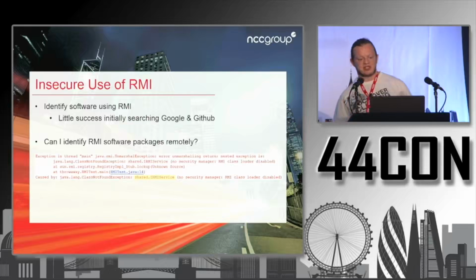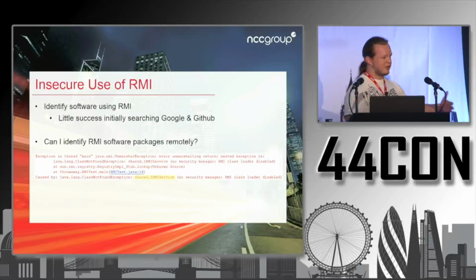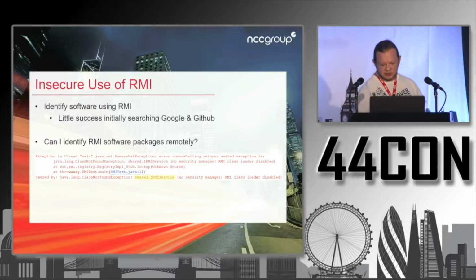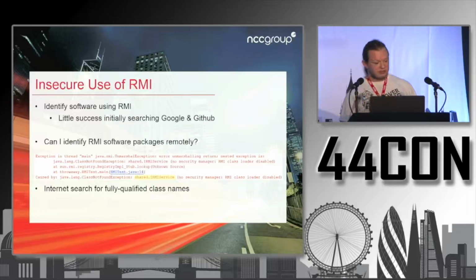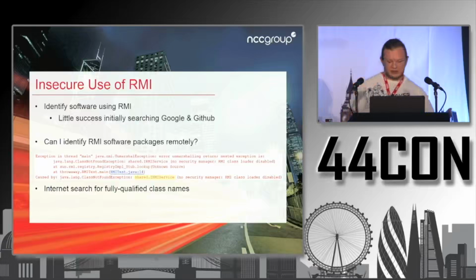So fully qualified class names include namespaces or package names, and they usually start off with a vendor name, and often somewhere in there there's also the name of the actual application package. So I figured I can probably find these and do an internet search for fully qualified class names, use that to identify some software, start digging around, see what we see.